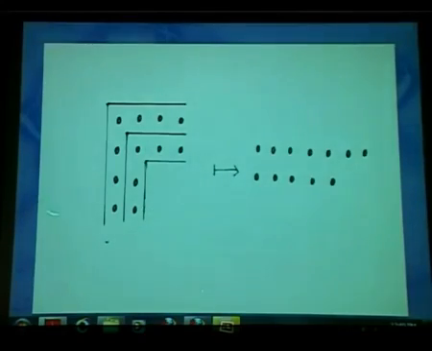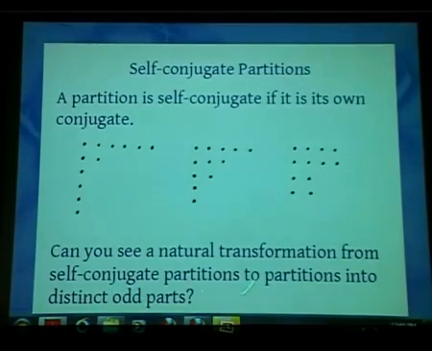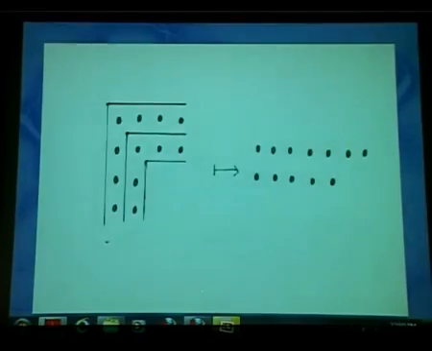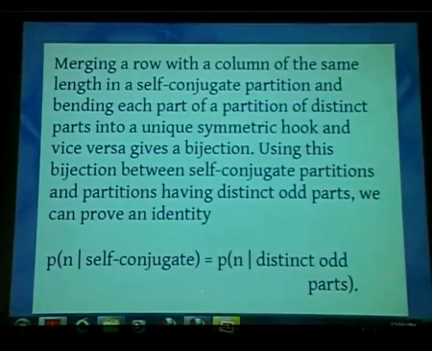So in this way, by stretching out the symmetric partitions, you get a bijection between self-conjugate partitions and partitions into odd parts, and the odd parts are distinct from each other. That is what I am explaining here.